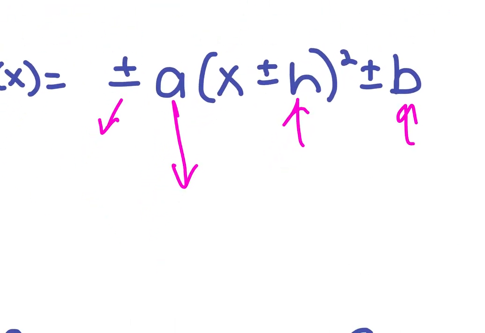The plus or minus on the front does what? The plus or minus all the way to the front. Reflection over the x. Good. It looks like it's upside down, right? But the official terminology is reflection over the x. The a, the thing on the front of your function, if it is greater than 1, it causes what?